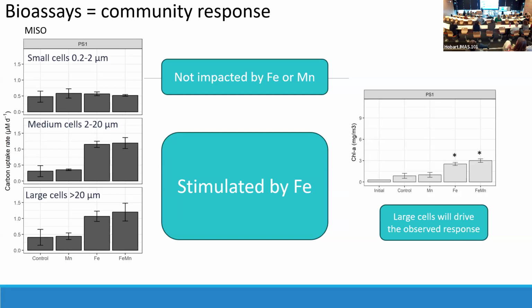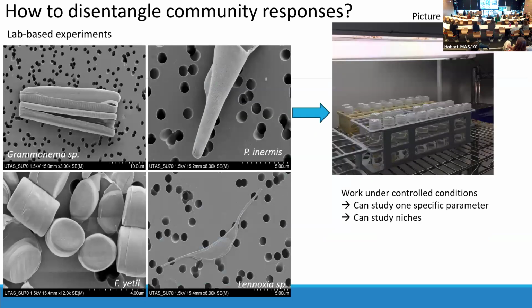But if you look at the bulk answer from the chlorophyll measurement, you can see that the signal of the large cells is just drowning everything else. By just doing bulk measurements, it's really hard to disentangle at a more refined scale what's actually happening for the different phytoplankton groups. And the best way to do this is to do laboratory experiments.